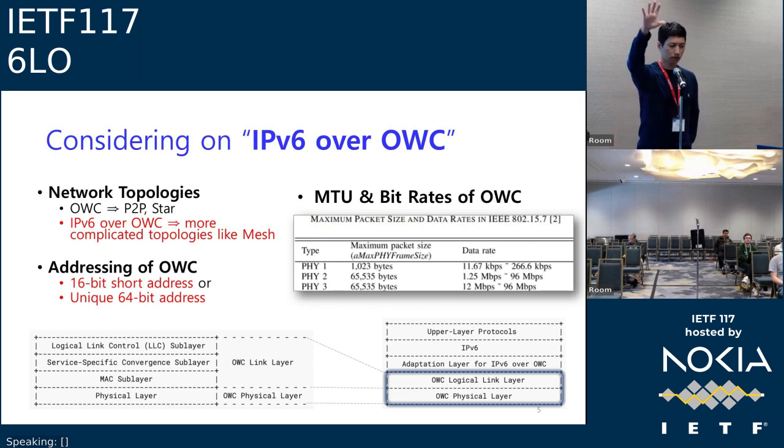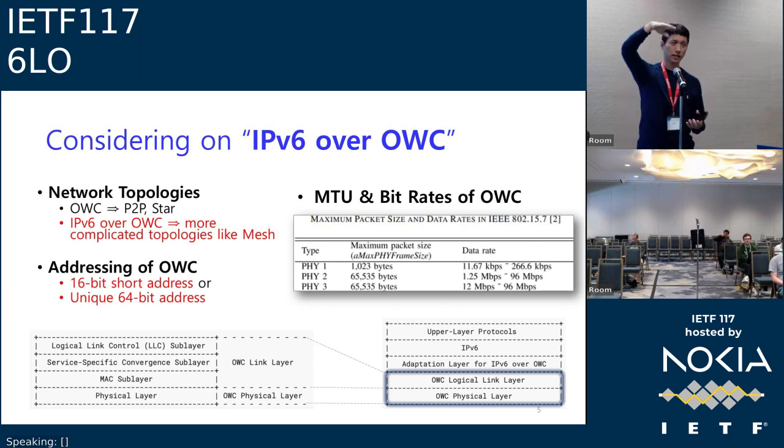These three, PHY 1 to 3, actually depend on the devices, on the modulation and the encoding and decoding of the transmitting and receiving devices. Maybe a smartphone just uses the camera LED, so the modulation is quite slow, and it will use PHY 1.